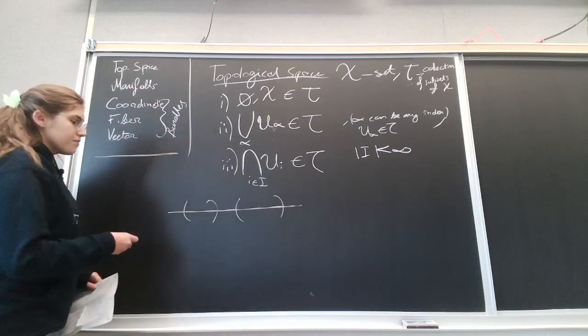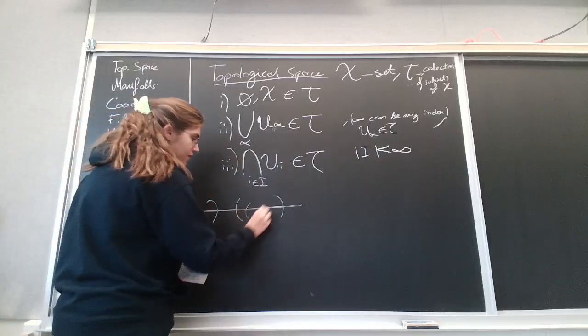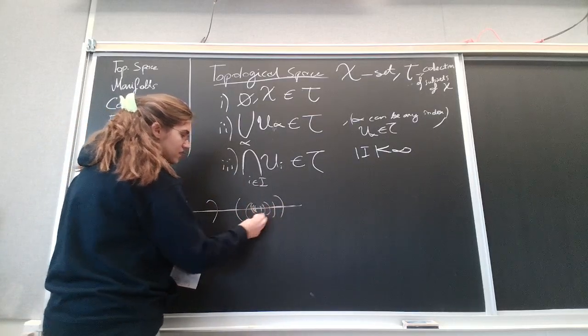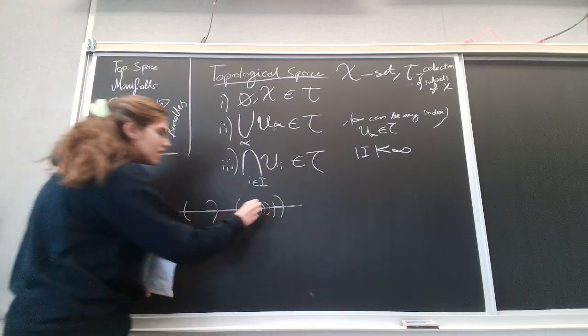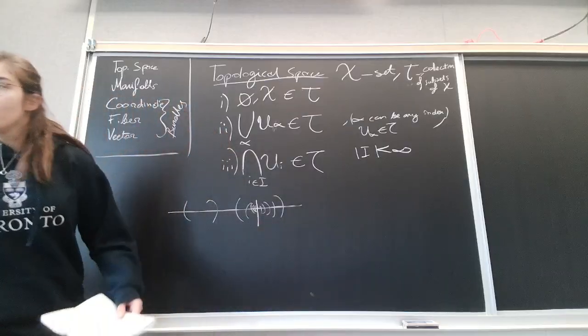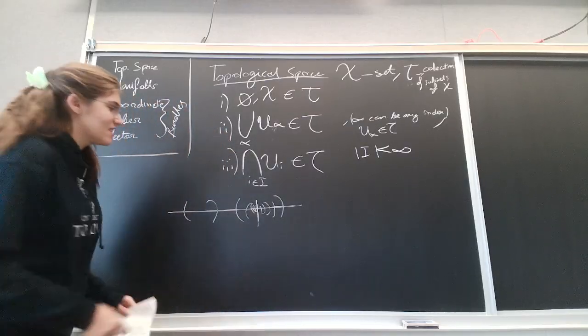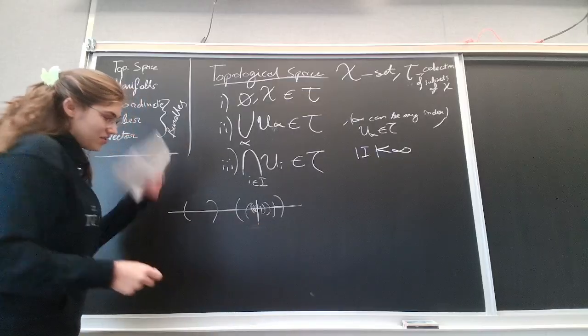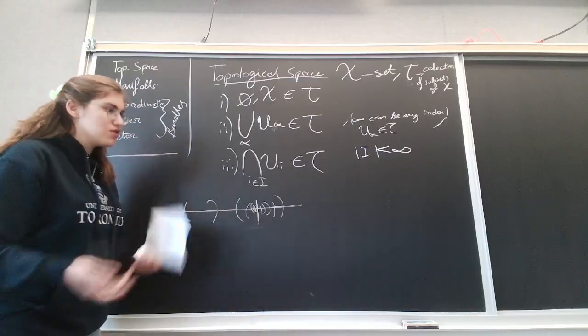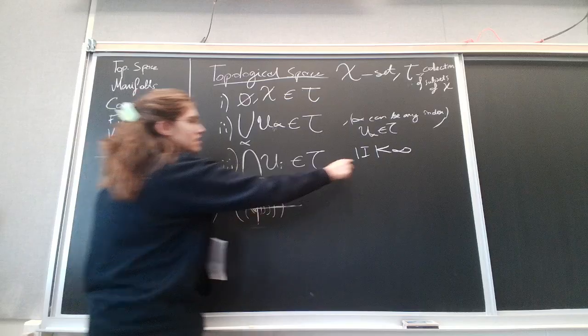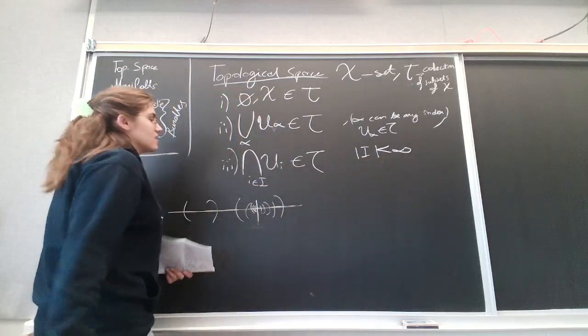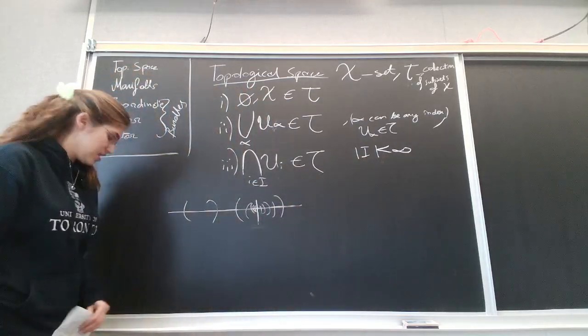But the problem is if you shrink these intervals and you take an intersection of them, then it reduces to a point. And the point is not an open interval, it's just a point. So people didn't want this. And when they generalized it, they realized that this might cause some problems in the general case. So they put this constraint that the index set needs to be finite in the intersection.